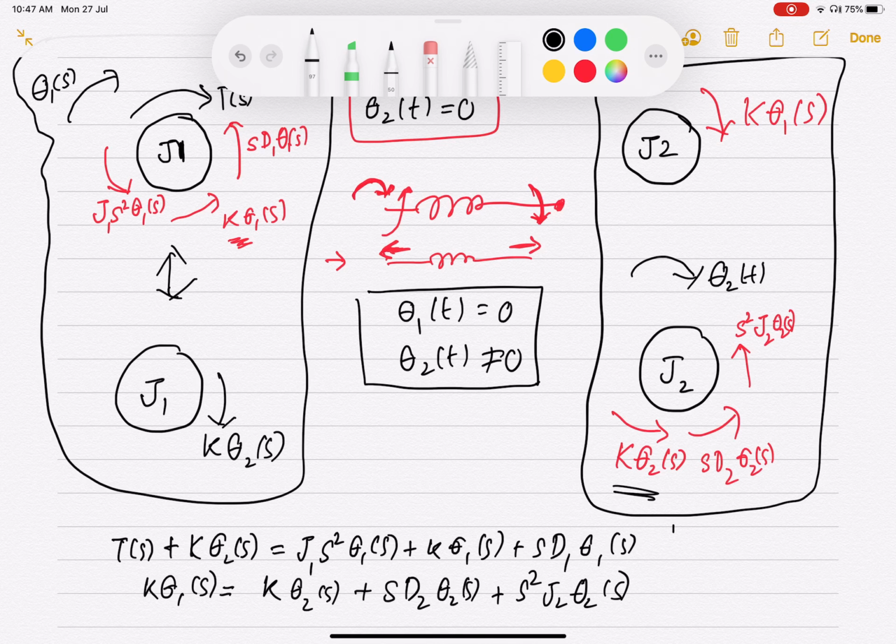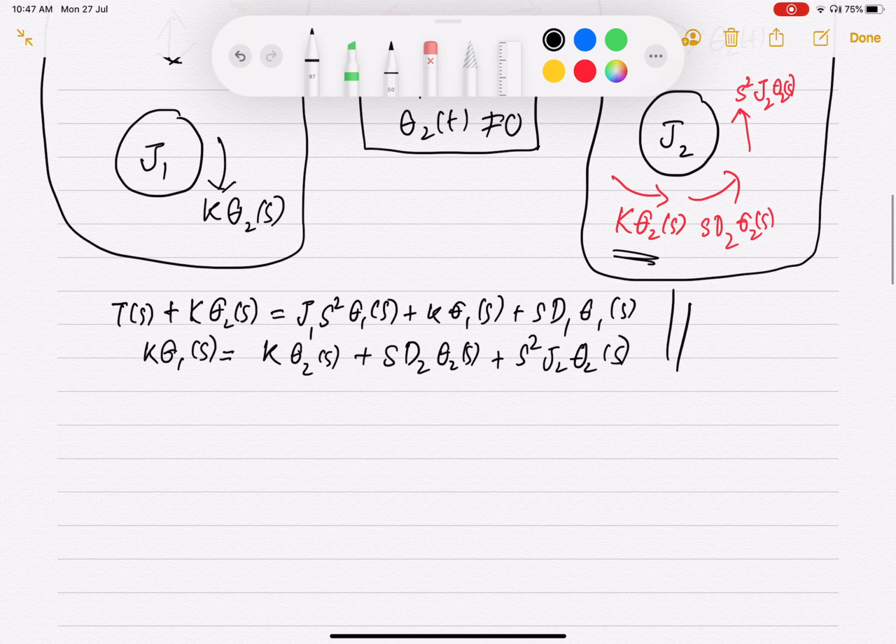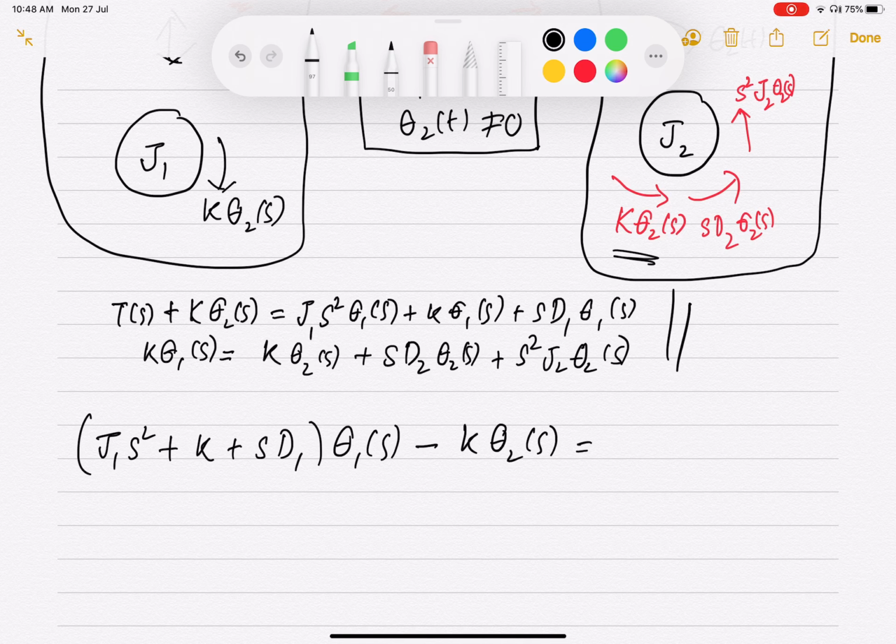These are the two equations that you get, and let us now write them together. The first equation is J1 s squared plus K plus s D1, times theta 1(s), minus K theta 2(s), is equal to T(s).